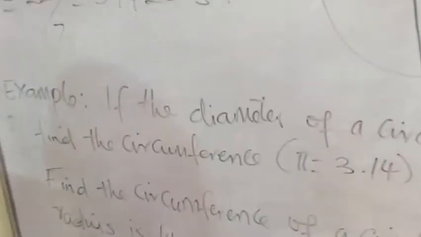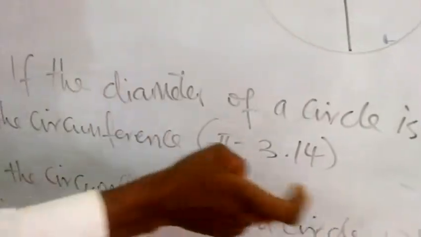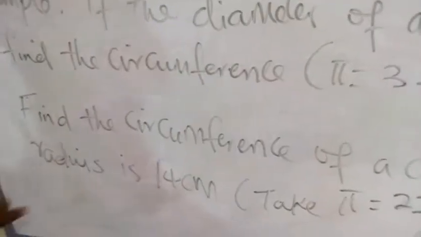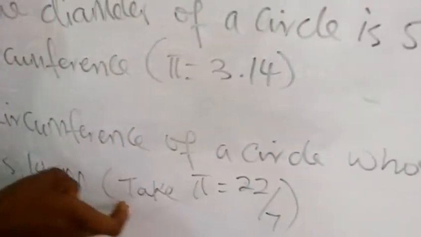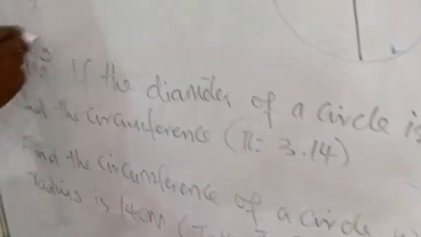If the diameter of a circle is 5 cm, find the circumference and take pi to be 3.14. Second one, find the circumference of a circle whose radius is 14 cm. Take pi as 22/7. It's A and B.